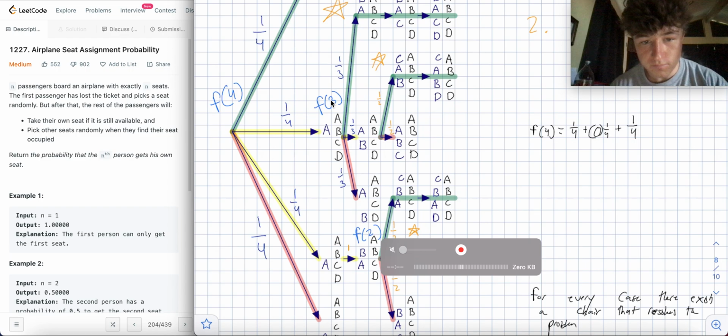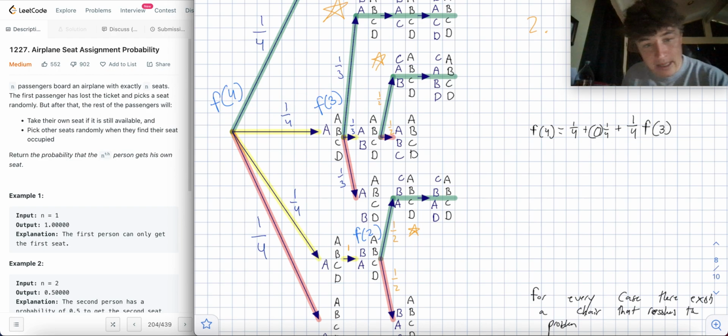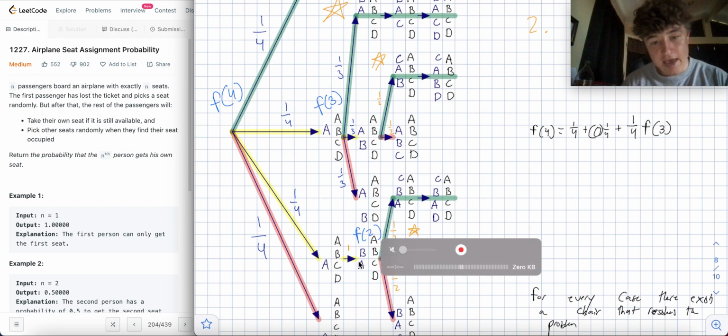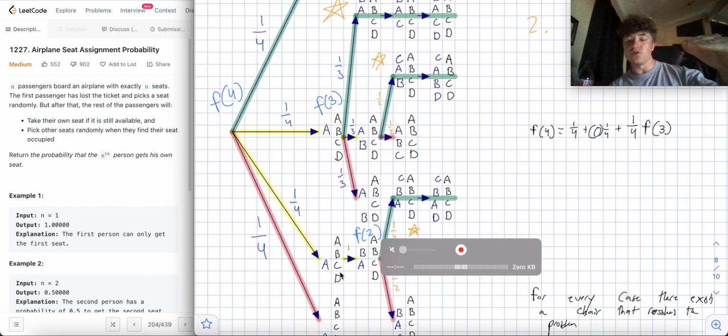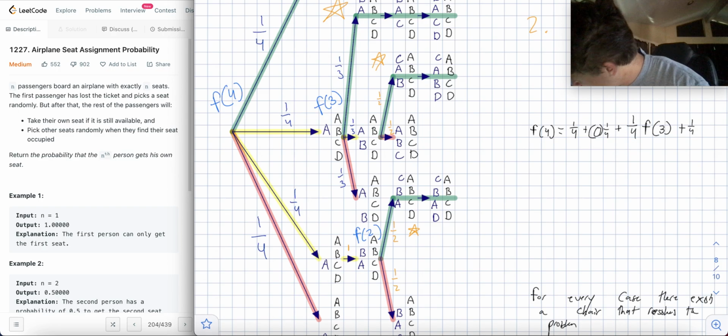So this is just F of 3, and this is F of 2. Why? Because if you choose C, then B is going to choose its own seat, and then C will have to deal with this F of 2 case, plus 1/4 F of 2.